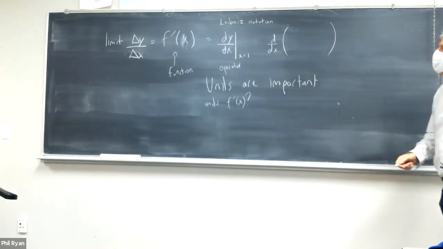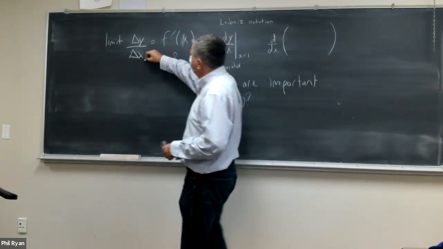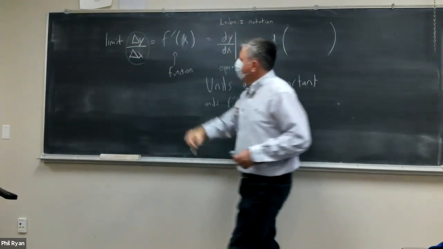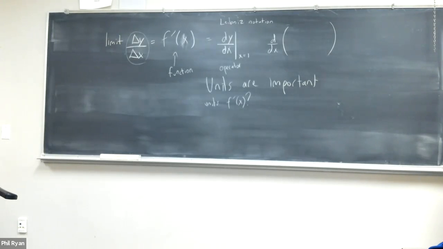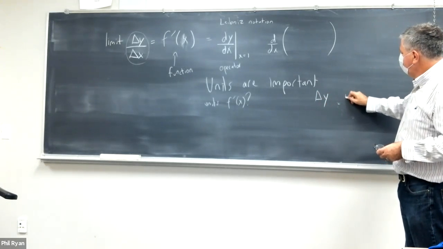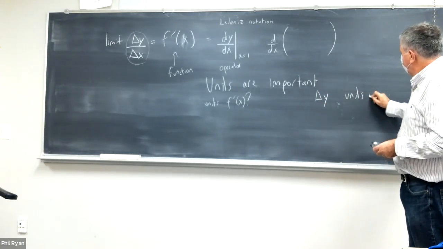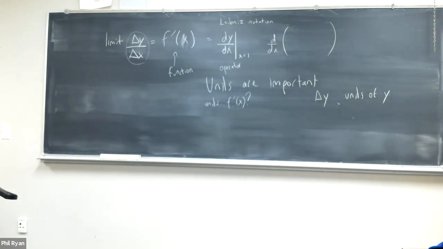Well, we can see that when we look at how we define it, right? We think of a derivative as a change in y over a change in x. Well, the units of change in y are going to be the units of y, right? If we go from 2 feet to 3 feet, the change is 1 foot.